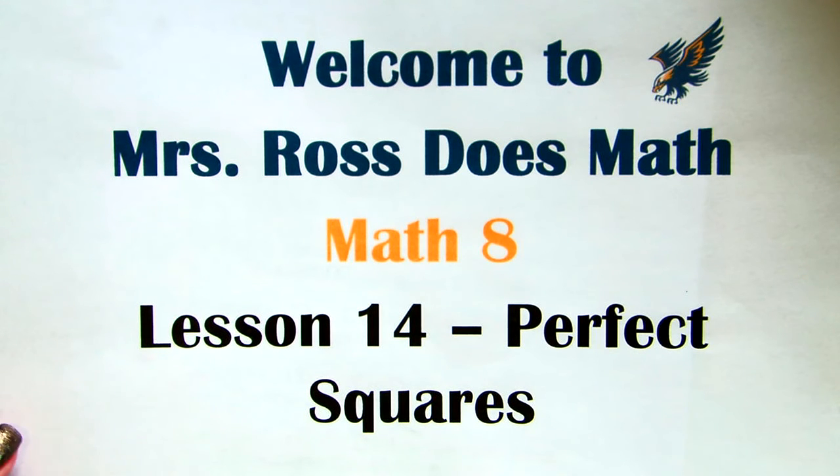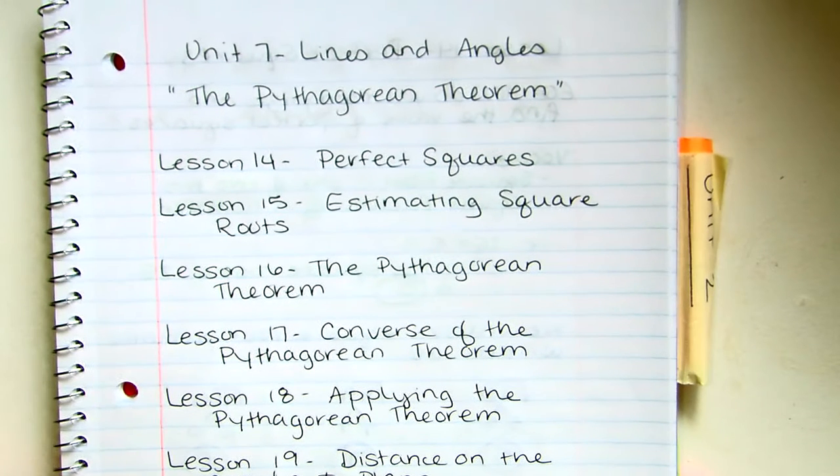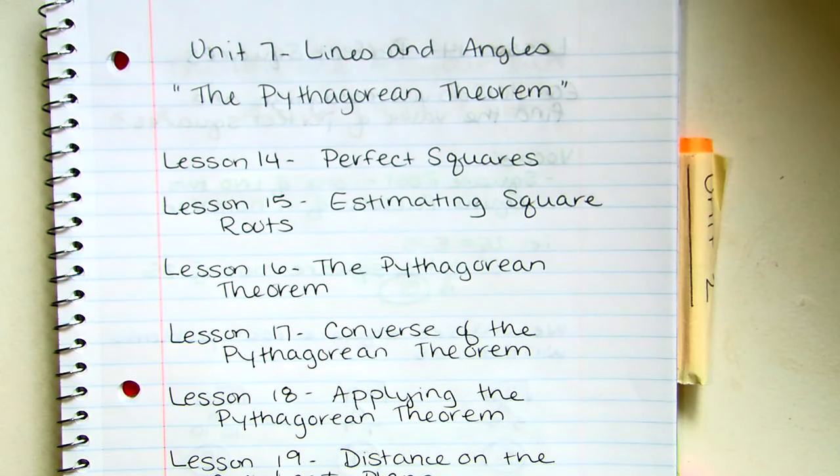Now, this is the start of a new unit for us, so I wanted to review the different lessons that we're going to be doing beforehand. Throughout this unit, our topic is going to be lines and angles, and our focus overall is something called the Pythagorean theorem. This is a theorem we will be using almost daily throughout this unit, starting with lesson 16.